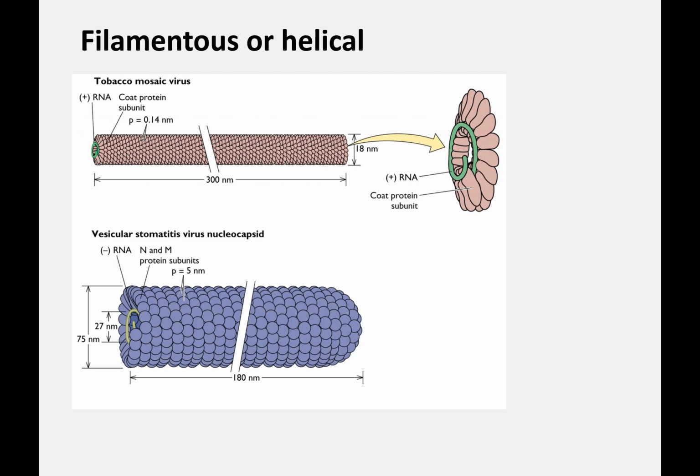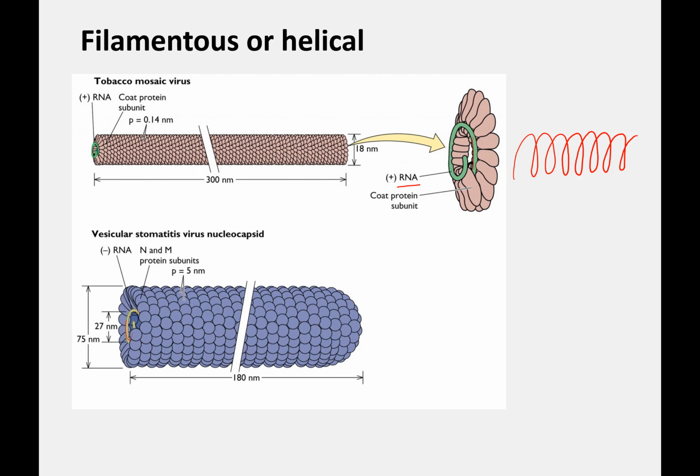So again, the filamentous or helical, there's tobacco mosaic. Oh, sorry, it was an RNA virus. I should have looked at my next slide. So the idea is it's like a slinky or a spring, and the viral proteins are made in this continuous helical shape, and the nucleic acid inside is also wound that way. Vesicular stomatitis virus is another one.